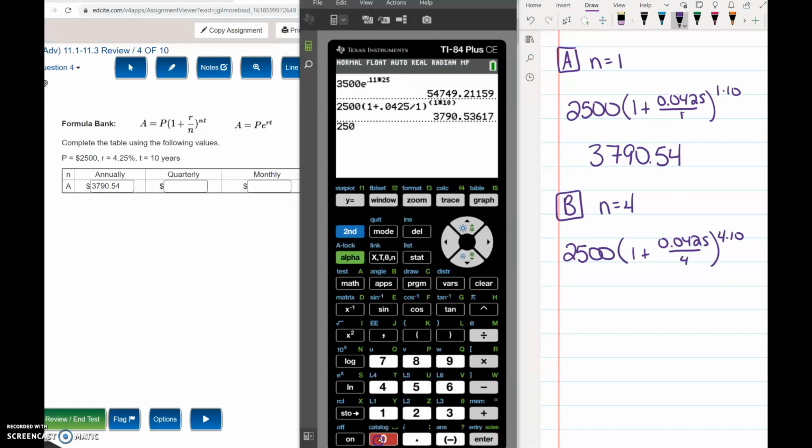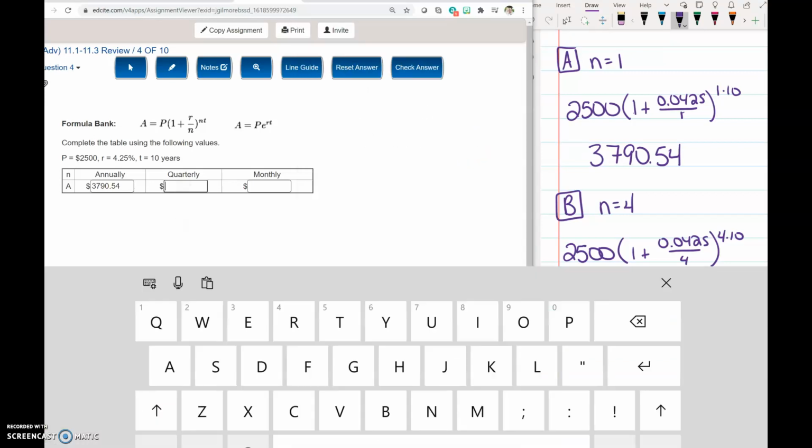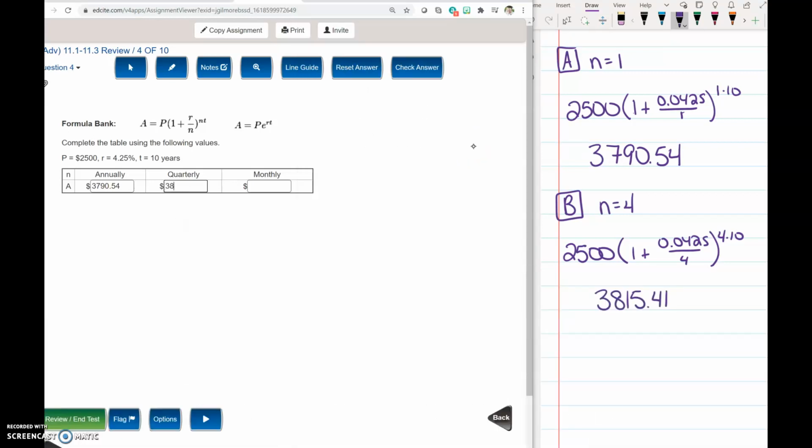So plug this in, 2,500, parentheses, 1 plus 0.0425 divided by 4, close our parentheses, raised to the parentheses 4 times 10, close my parentheses. I get $3,815.41. Notice there's a 2 that comes after, so we leave it at 41 cents. So that one is $3,815.41.